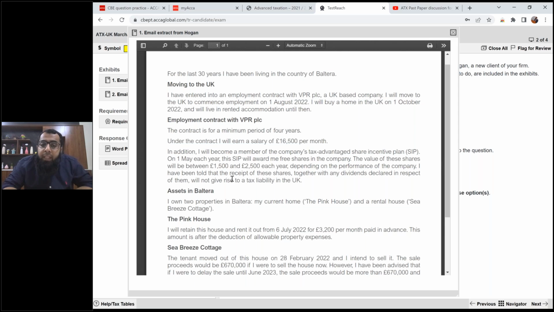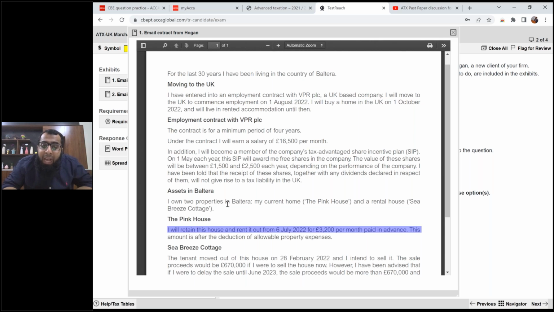The share incentive plan will not give rise to any tax liability. Then the pink house. I'm looking at his incomes because I have to calculate his income tax liability. Please listen to me carefully. He will retain the house and rent it out from 6 July 2022 for £3,200 per month.